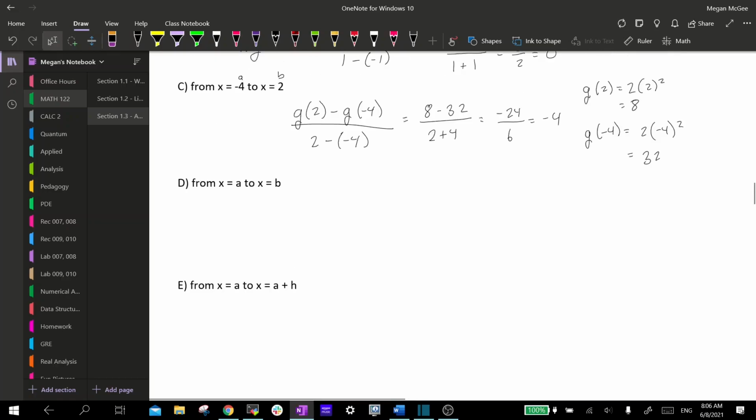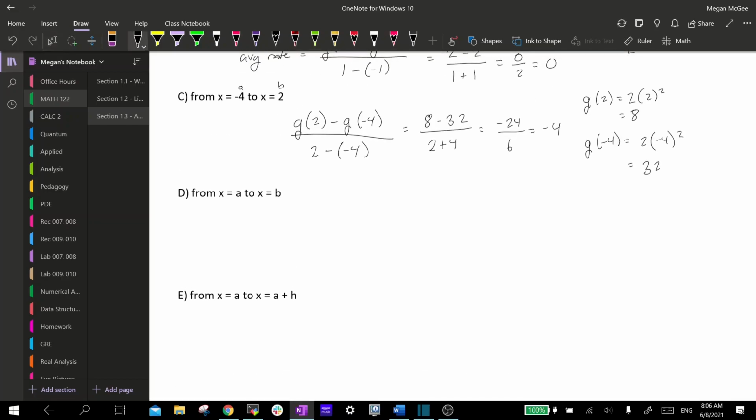All right, 2 more parts to this problem. From x is equal to a to x is equal to b. Well, that's g of b minus g of a over b minus a. But we can actually evaluate these functions at b and at a. So g of b, well, that is 2 times b squared.